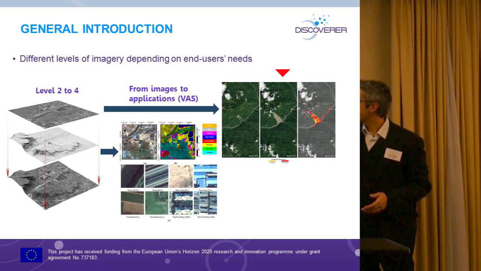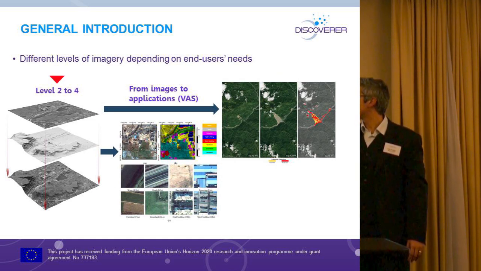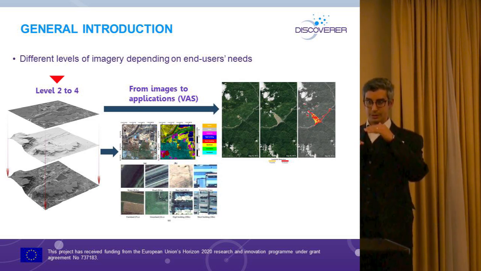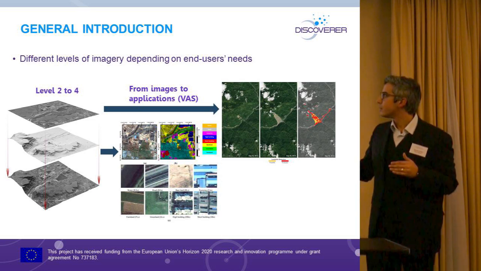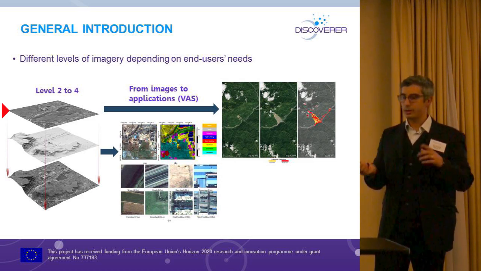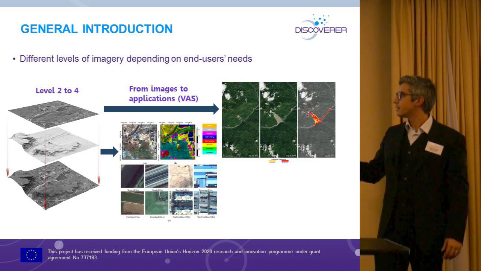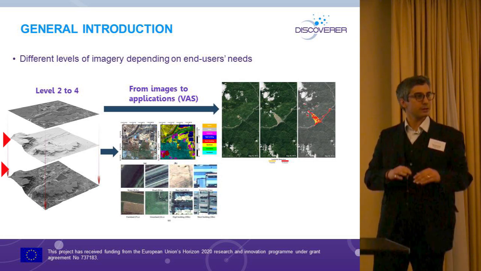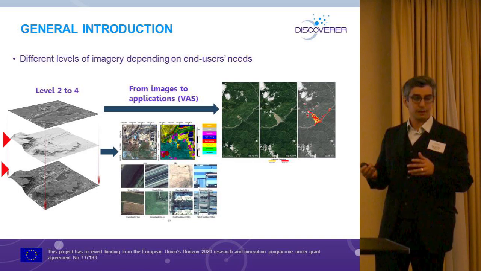On the left side of the slide, you can see different types of processing steps on one image. This is one image, not compensated for inclinations, etc. And this is the process up to something more elaborate, where we can see heights, etc.